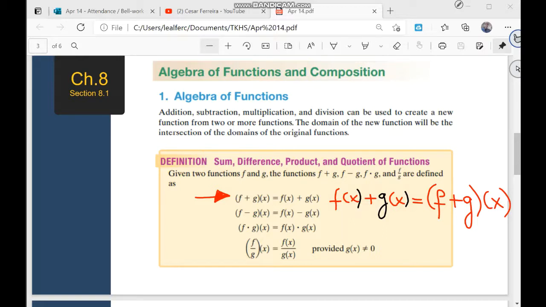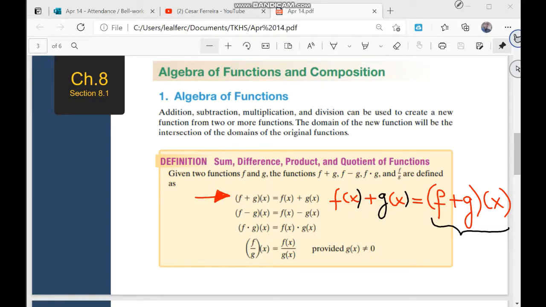See? So this is a new way of writing down the addition of the function f plus the function g. Again, you know how to work it out. This is just a new way of representing addition, subtraction, multiplication, and division of functions.